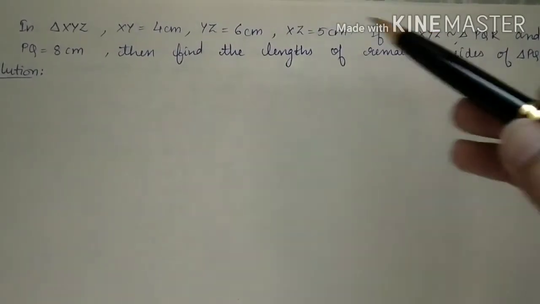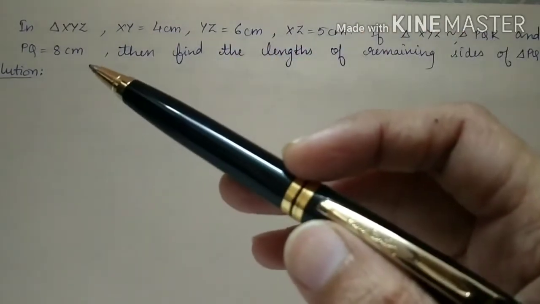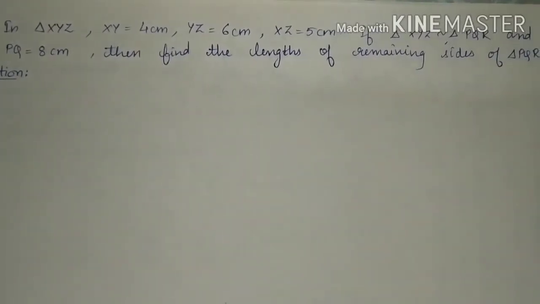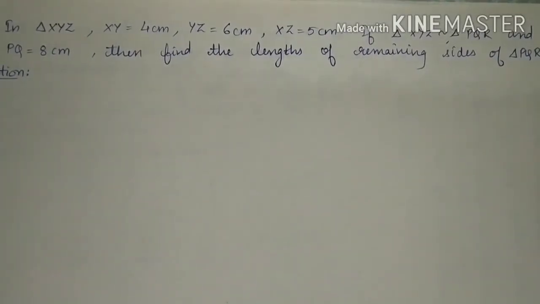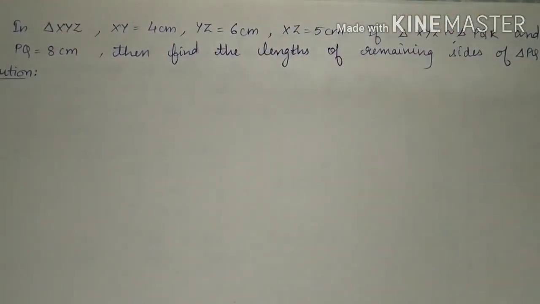See, in XYZ they have given us all three sides, but in PQR only one side is given, that is 8 cm. So we have to find the lengths of the remaining sides of triangle PQR. One side, PQ, is already given, so we have to find the remaining two sides, QR and PR.